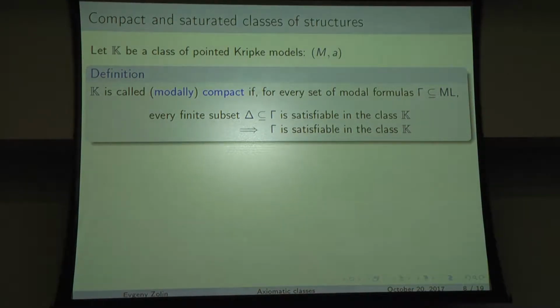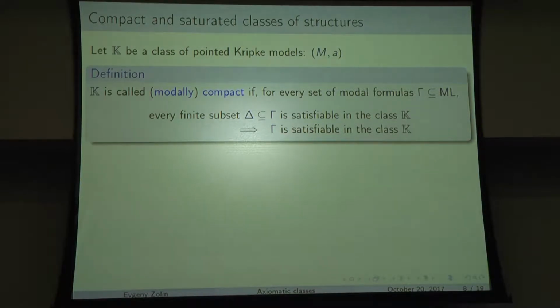If K is the class of pointed models, almost the same is applicable to classes of models. We call this class modally compact if the compactness principle holds for this class. So for every set of formulas gamma, if every finite subset is satisfiable in K, then the whole set gamma is satisfiable in K.